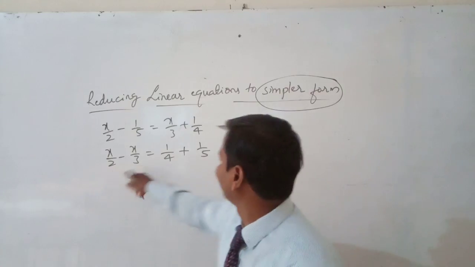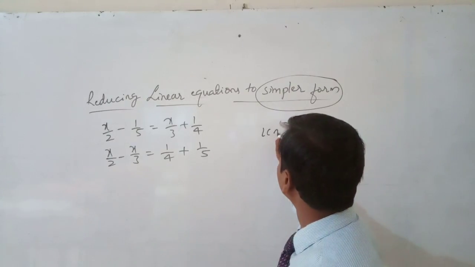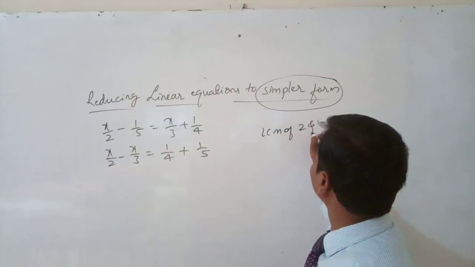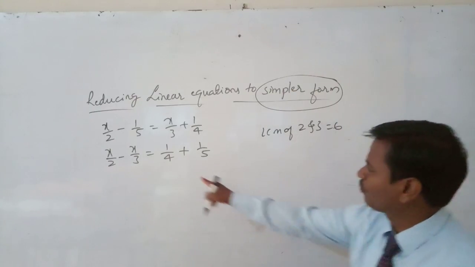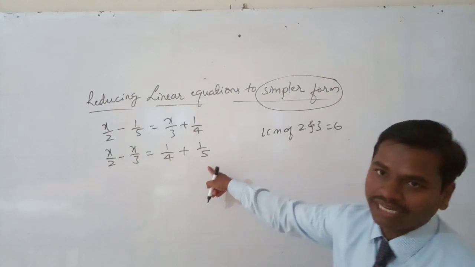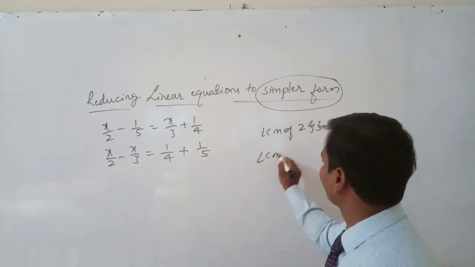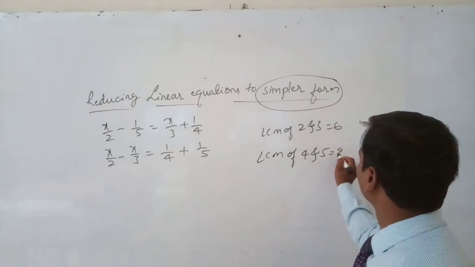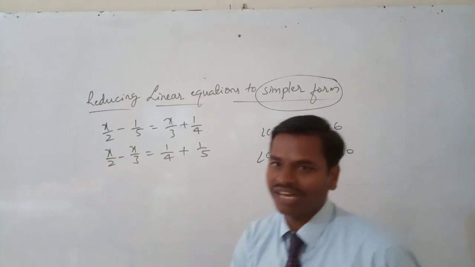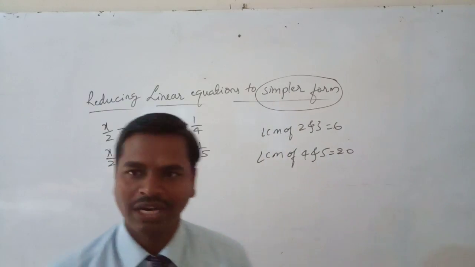LCM of 2 and 3 is equal to 6. LCM of 4 and 5 is 20, because they are in different tables, 4 5s are 20.